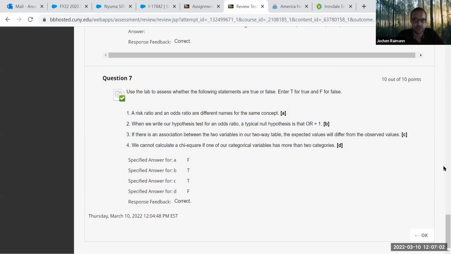Because a risk ratio basically gives you the ratio between risks, which are the proportion of an event to happen or not, which is the probability of an event to happen or not. And with an odds ratio, you basically convert the risk into the odds.